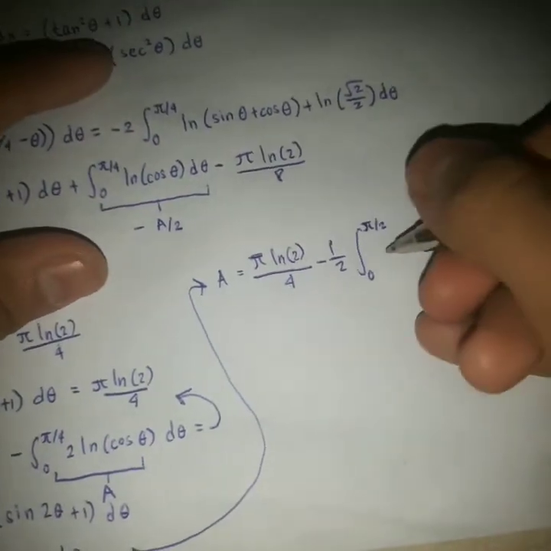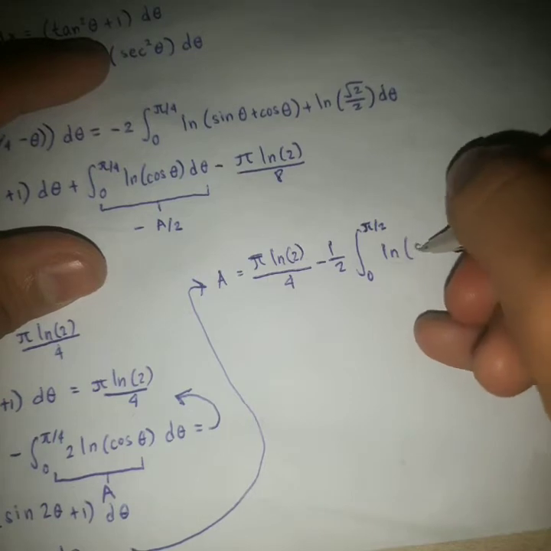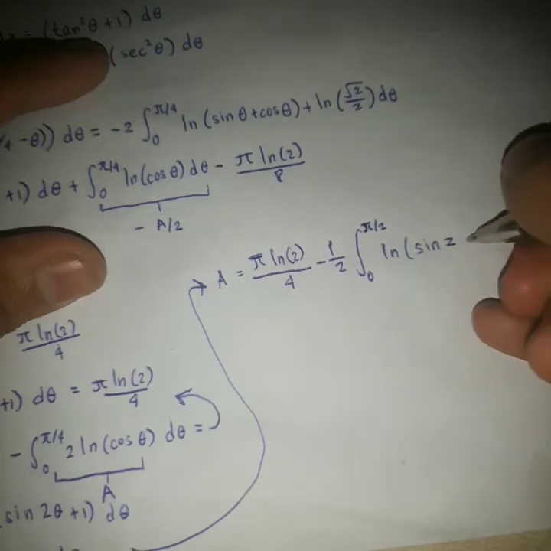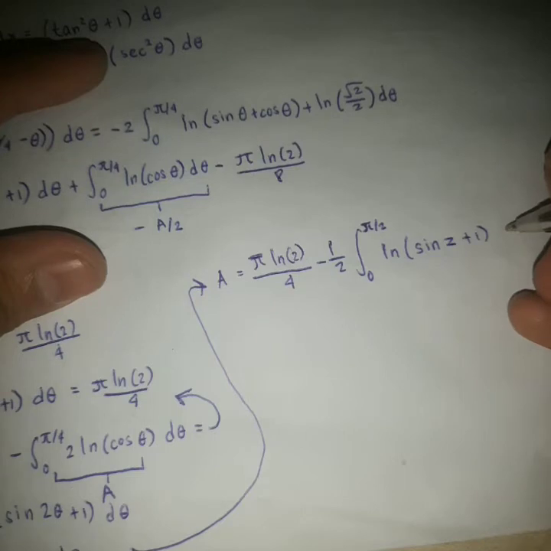So we now have ln of (sine z plus 1) dz.